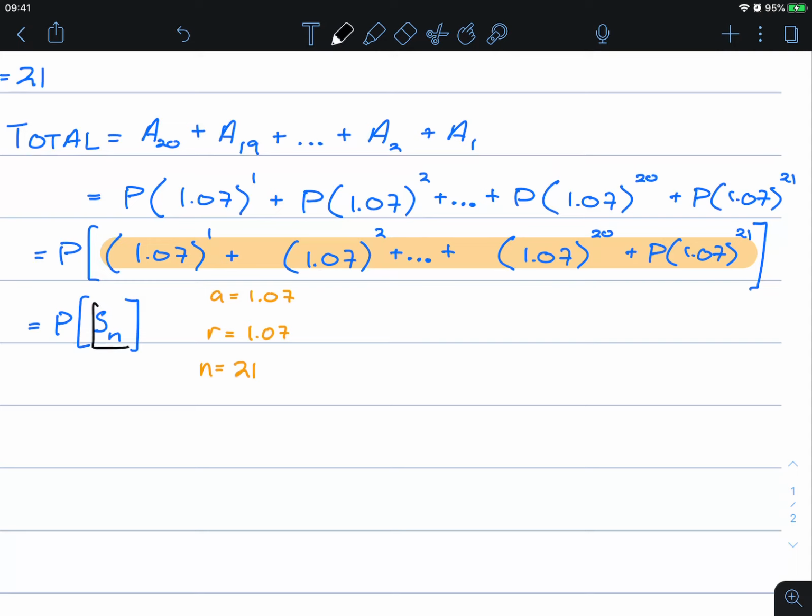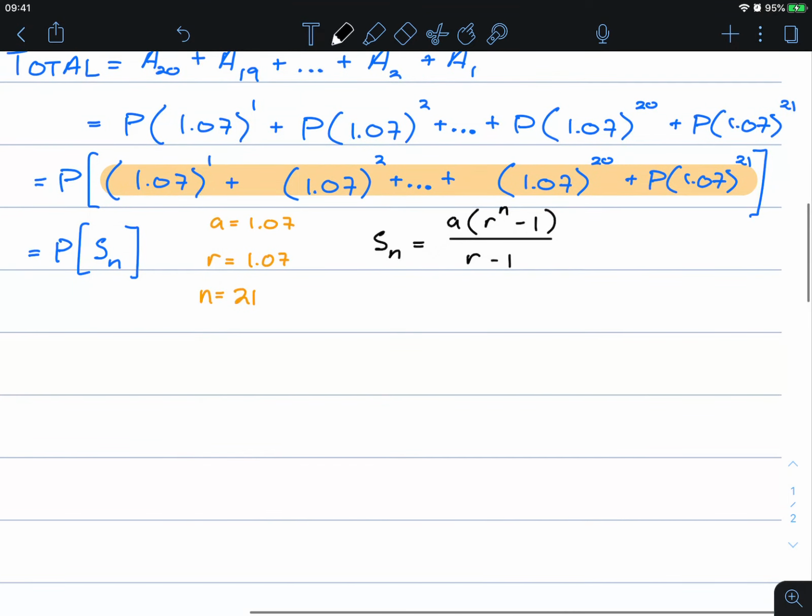Also, I hope you remember the sum of a geometric progression. In case you've forgotten, it's A outside of R to the power of N minus 1 all over R minus 1.